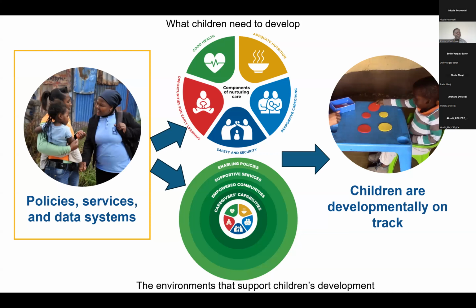So we need caregiver capacities, we need empowered communities, we need supportive services, and we need enabling policies. All that is what children need to develop to their full potential. So once we do that, children are going to be developmentally on track. That's now an outcome level. We need those elements of nurturing care, we need the support systems, we need the policies so that the children are developmentally on track. So that's what children need to develop.